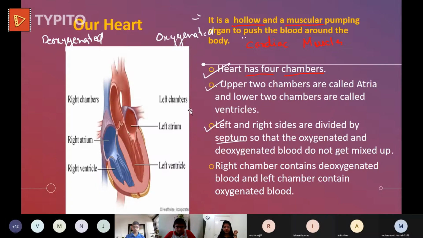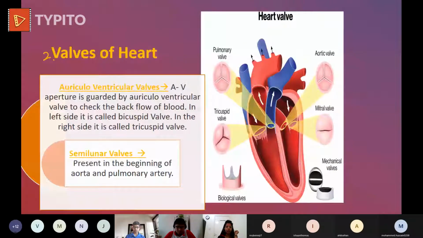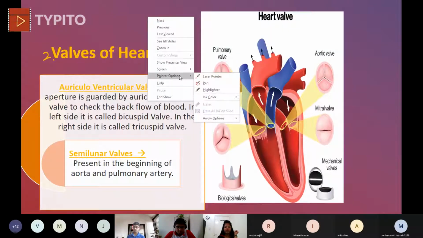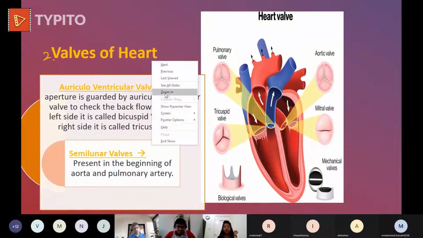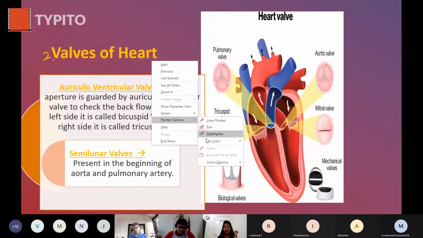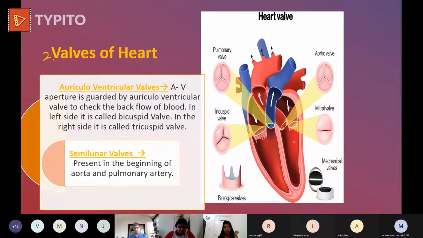All right, now we are going to talk about another valve which is called the semilunar valve. So what is the meaning of lunar? Lunar means related to the moon. Semi means half. So semilunar valve means a valve which has a half moon structure. So where is it present?